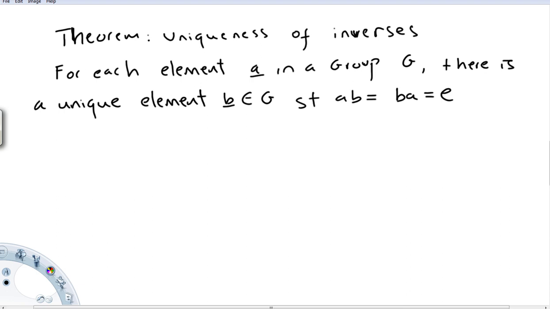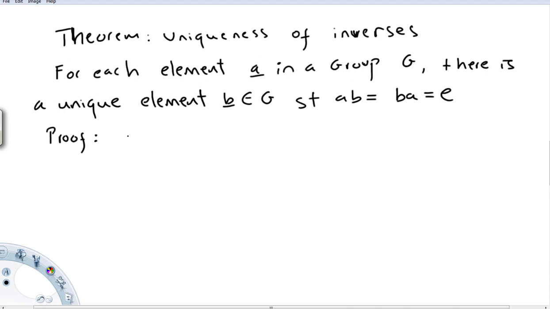So this is another theorem, the uniqueness of inverses. For each element A in a group G, there is a unique element B in G such that AB equals BA equals E. So for each element there will be one and only one inverse element. The proof is very elementary too.